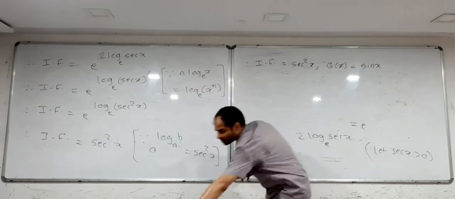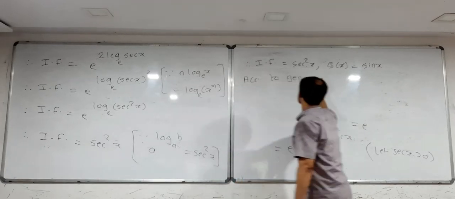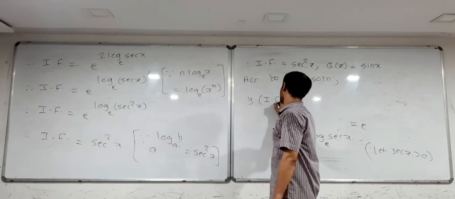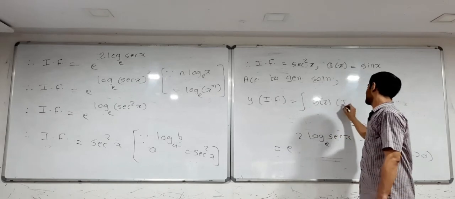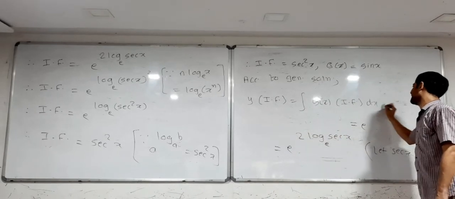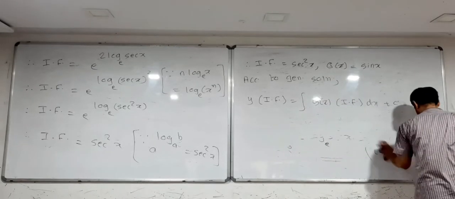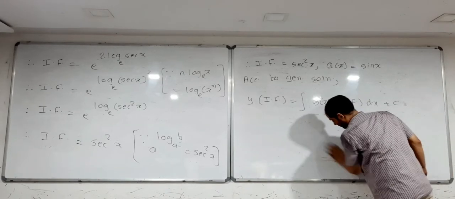Okay, so according to the general solution of linear differential equation, क्या आना चाहिए? y into integrating factor is equal to integration of q of x into integrating factor dx plus c. Okay, now ये करने के बाद what you get?